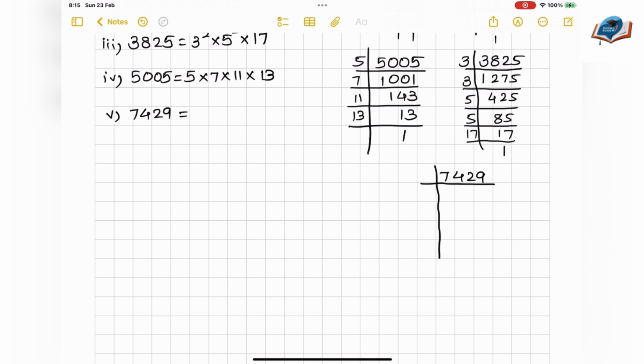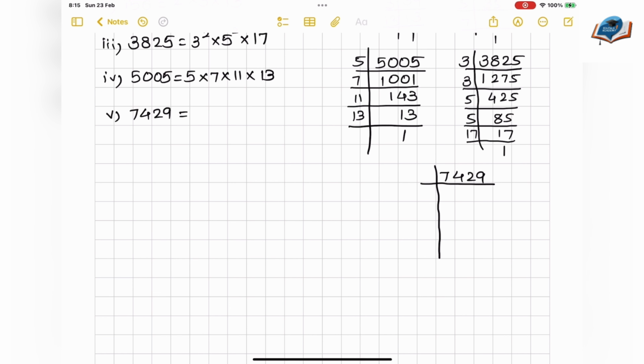So here, an easy way to solve it is to cut this 7429 with 17. It will go with 17 first.